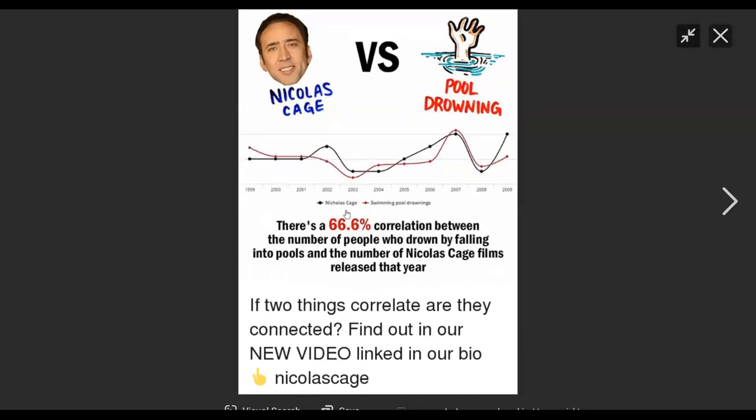And look, is this the number of films he published? So there's a 66.6. That's considered quite high in the field, correlation between the number of people who drown by falling into pools and the number of Nicolas Cage films released that year. Now in this case, I would imagine it's even worse than the shark attacks and the ice cream.